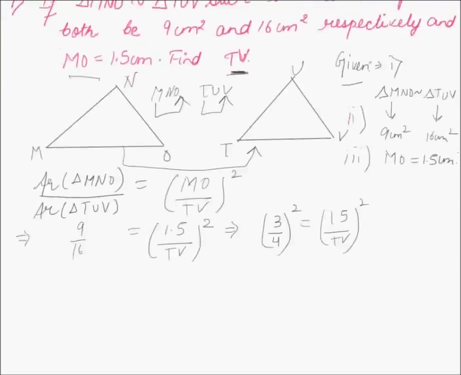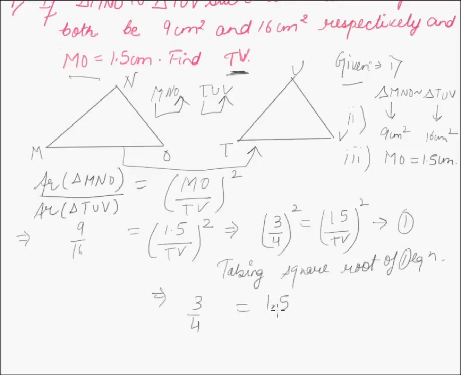If we take the square root of this equation, we can say that 3 by 4 is equal to 1.5 over TV, which will give us, on cross multiplying, TV is equal to 1.5 into 4 over 3.